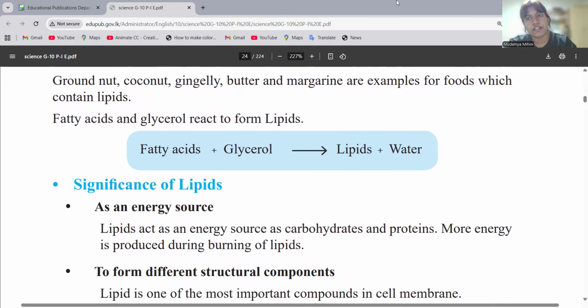If I show you how it's made, it's a glycerol and three fatty acids. This is the glycerol molecule, and these are fatty acids. And these will be joined into lipids plus H2O.